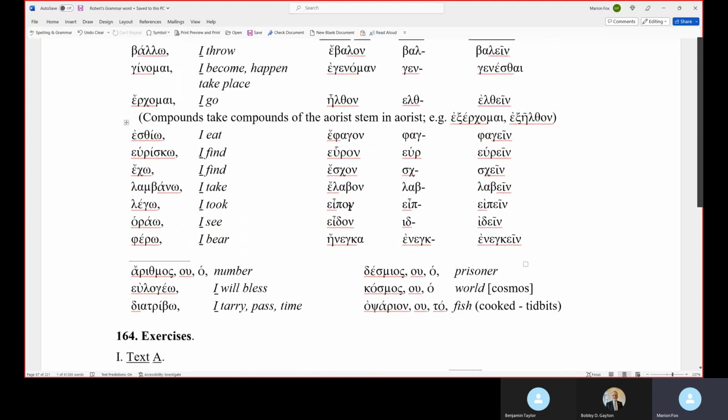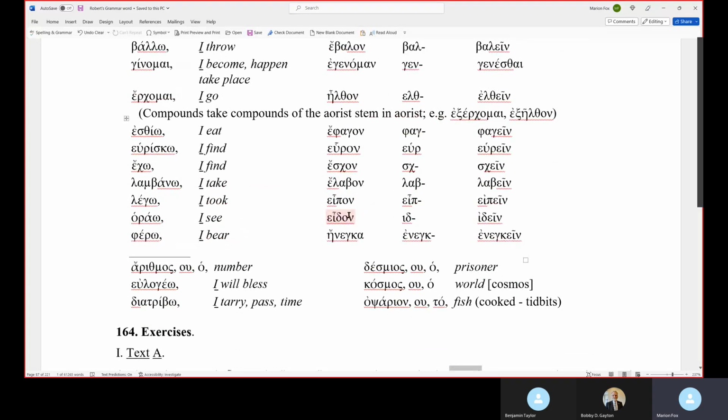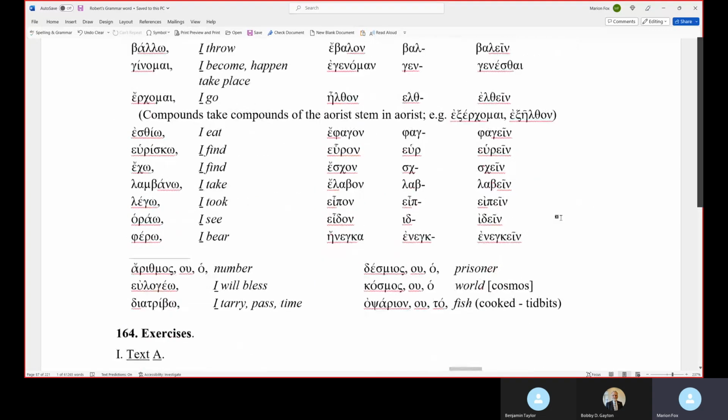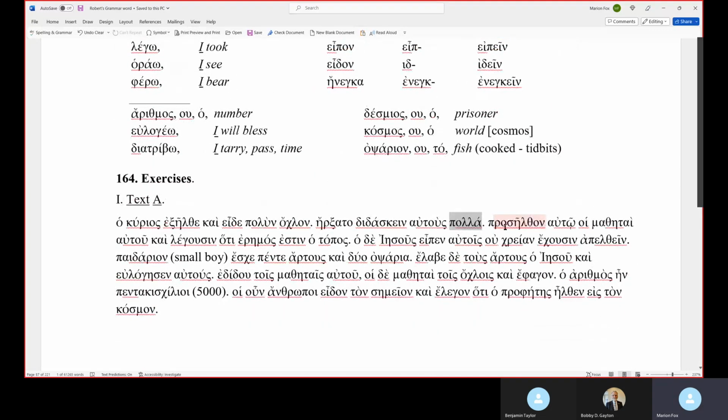Okay, we had polus here, we've had it somewhere. All right, what case is it? Accusative. So it's what's being taught, it's receiving the action of being taught.